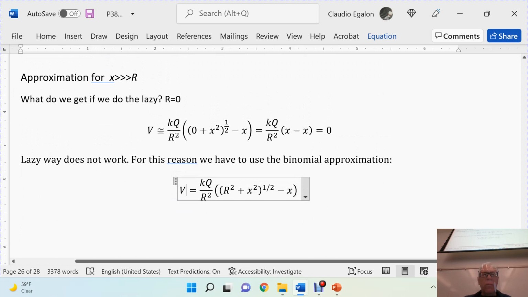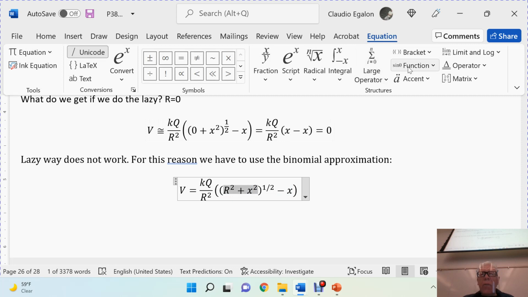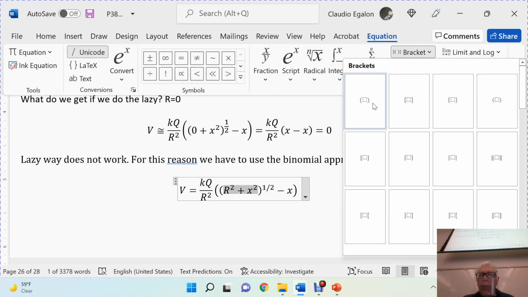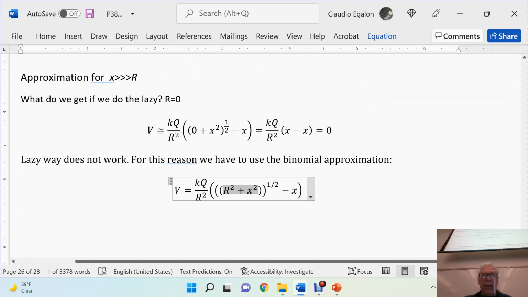We have to get something inside the square root that is very small. In order to get that, we have to put the x in evidence, the x squared in evidence.